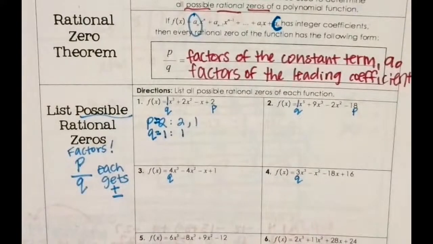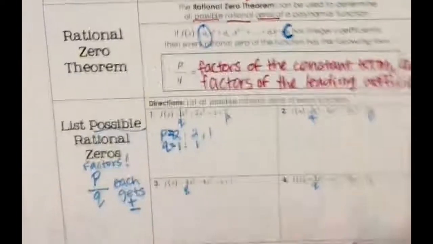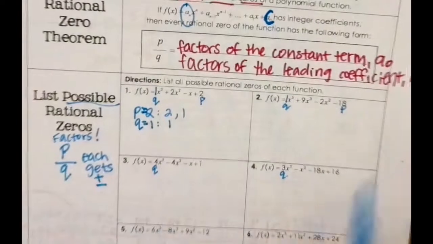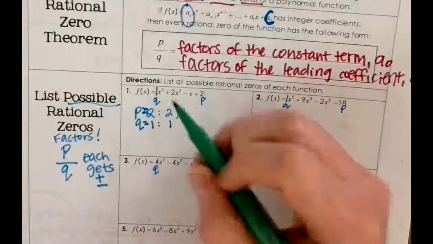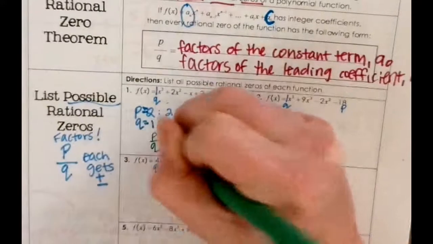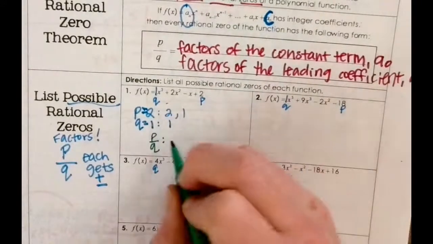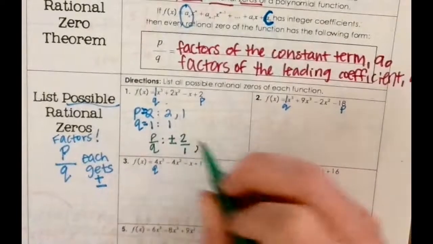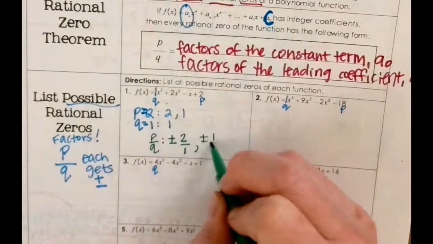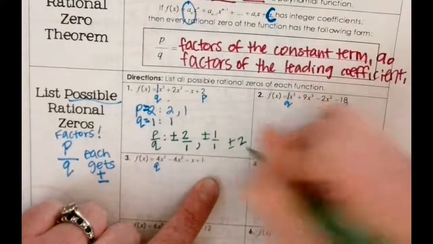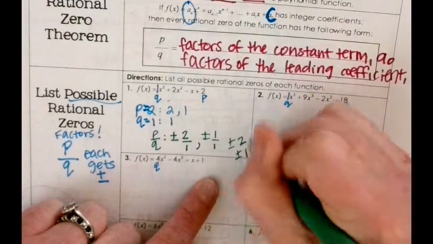So all of the possibilities of p over q, we're going to list those possibilities and then each will get a plus minus. I only have 2 possibilities for p over q. I have 2 over 1 and I have 1 over 1. So the possible zeros for this are plus minus 2 and plus minus 1.